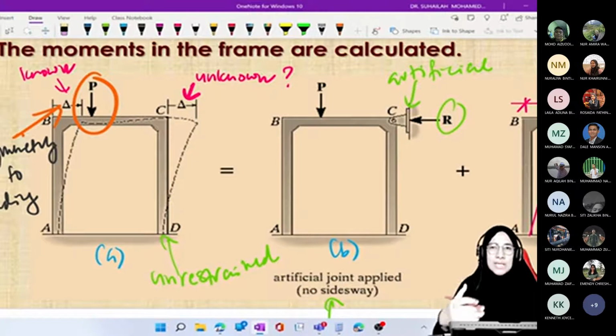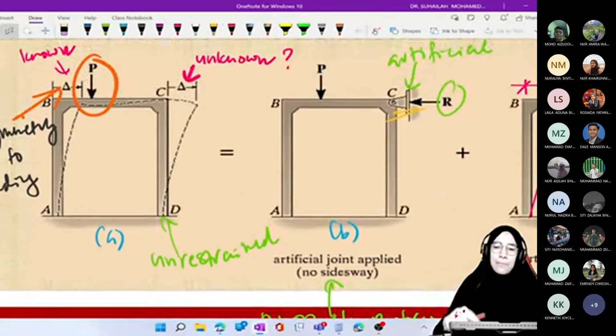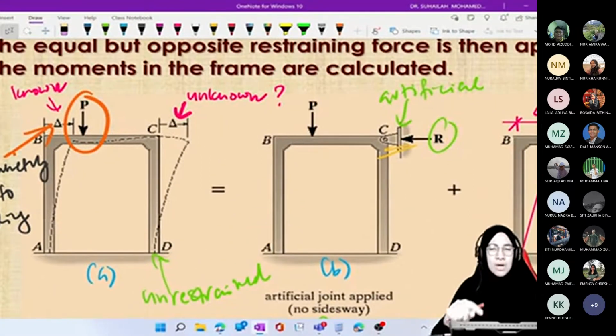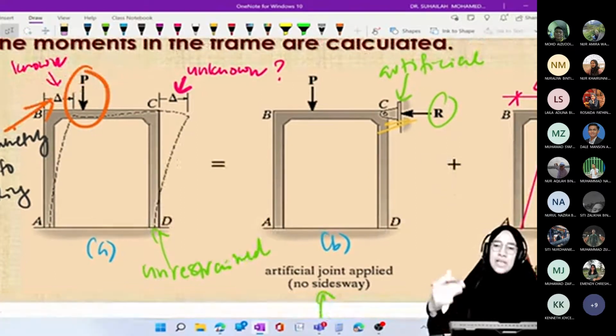The restraining force is actually Cx. By putting this support, it is actually Cx and Cy, but our intention is only the horizontal force which comes with the support. It is called the restraining force. So by putting this artificial pin support at C, that gives us the restraining force.